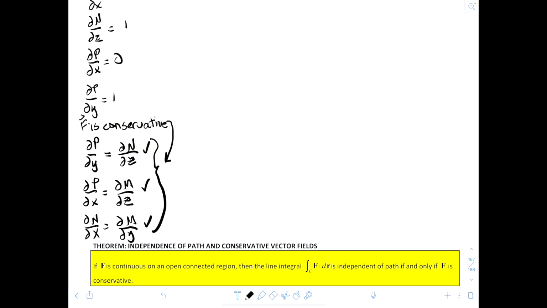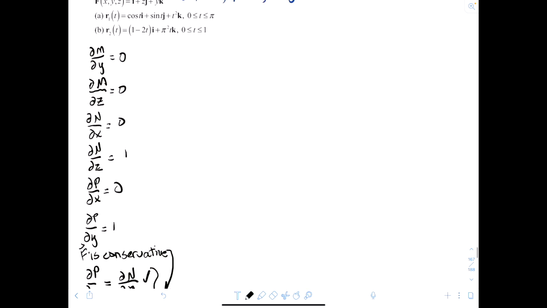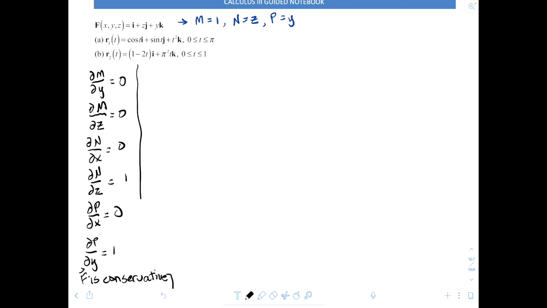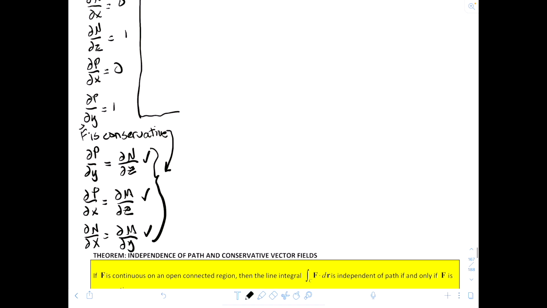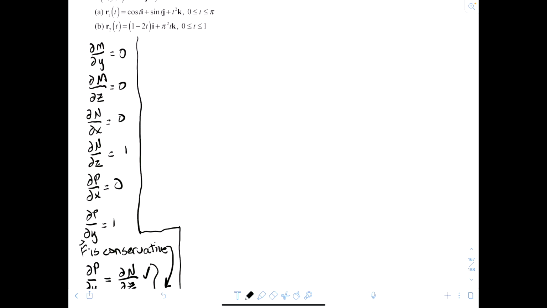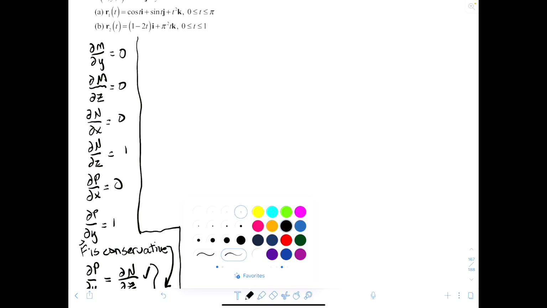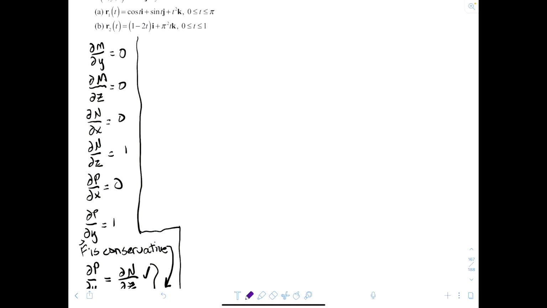And since F is conservative, woohoo, we get to find our potential function. We did the check for whether F was conservative. Now let's go ahead and find our potential function.